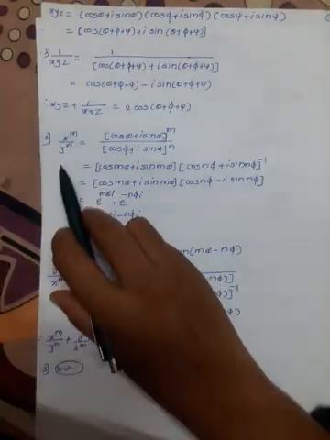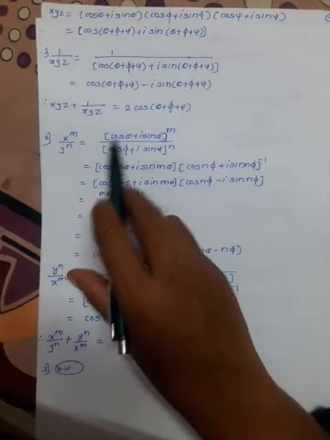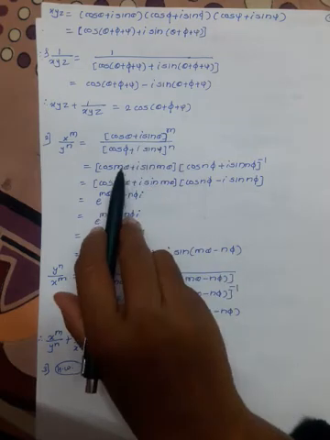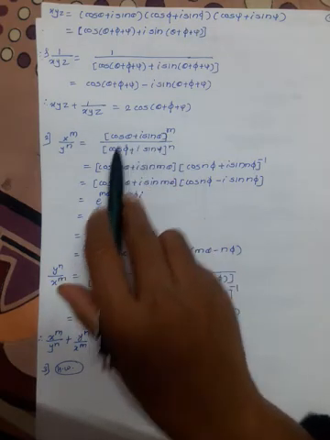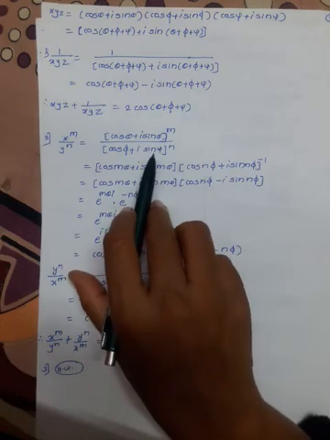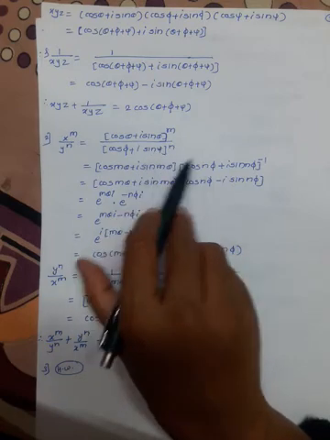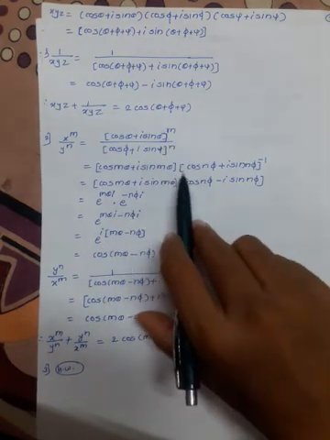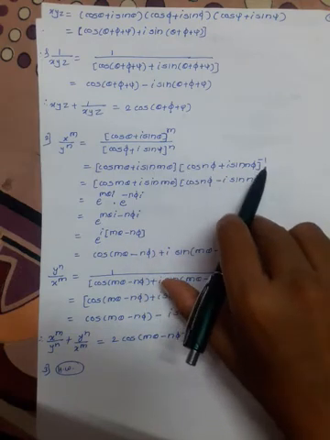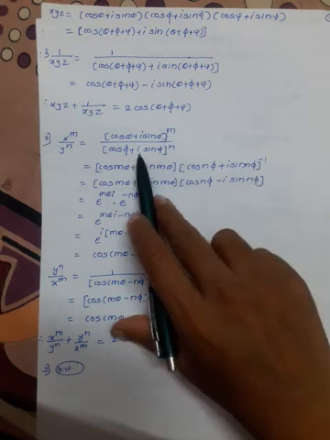x raised to m upon y raised to n is equal to, this is x, this is y, raised to m, raised to n. Now apply De Moivre's theorem, take m inside to the angle, we get cos of m theta plus i sin m theta, and in this bracket again apply De Moivre's theorem, take n into the numerator, it becomes cos of n phi plus i sin n phi raised to minus 1. Already n is taken inside.